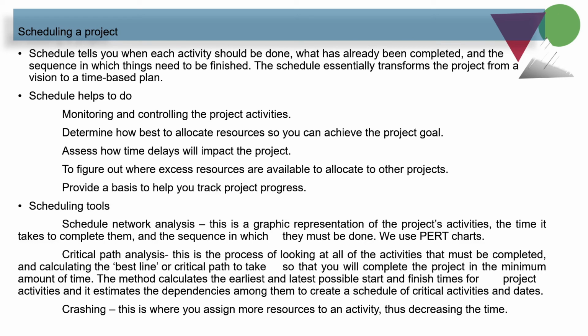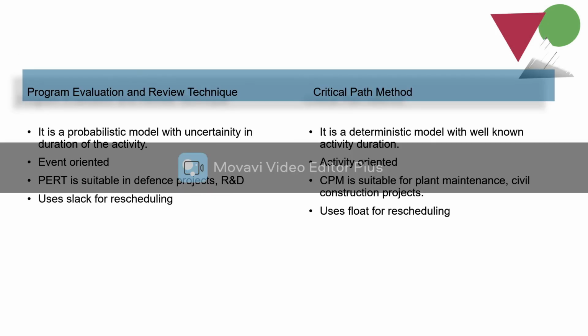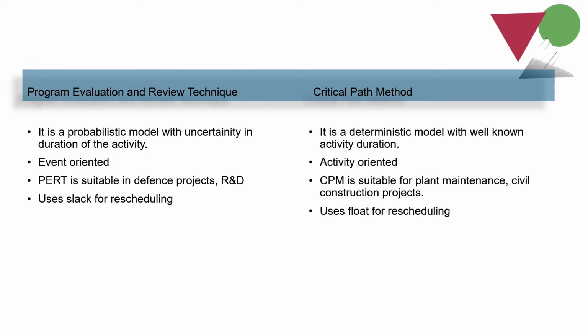Then moving to crashing, this is where you assign more resources to an activity and thus reduce the time. Then compare between PERT and CPM. Here PERT is a probabilistic model with uncertainty in duration of the activity, whereas CPM is a deterministic model with well known activity duration.